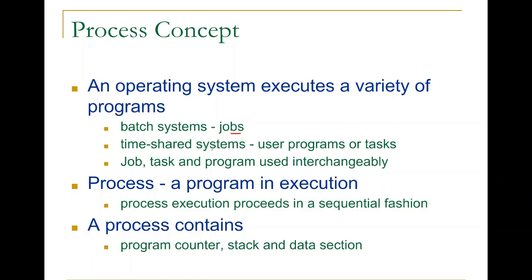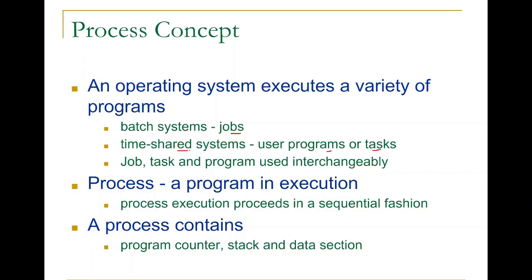Then in time shared systems, we call the user programs tasks. That was another term used for time shared systems. Now remember, time shared systems means that you have one microprocessor and several tasks available for it to do, and it works on them. Once the time is up, it removes one and then picks another task.